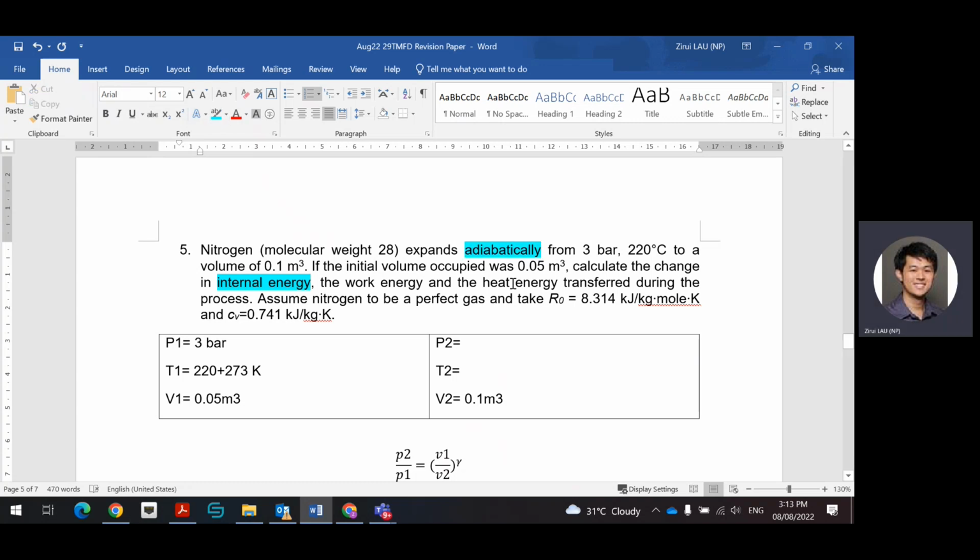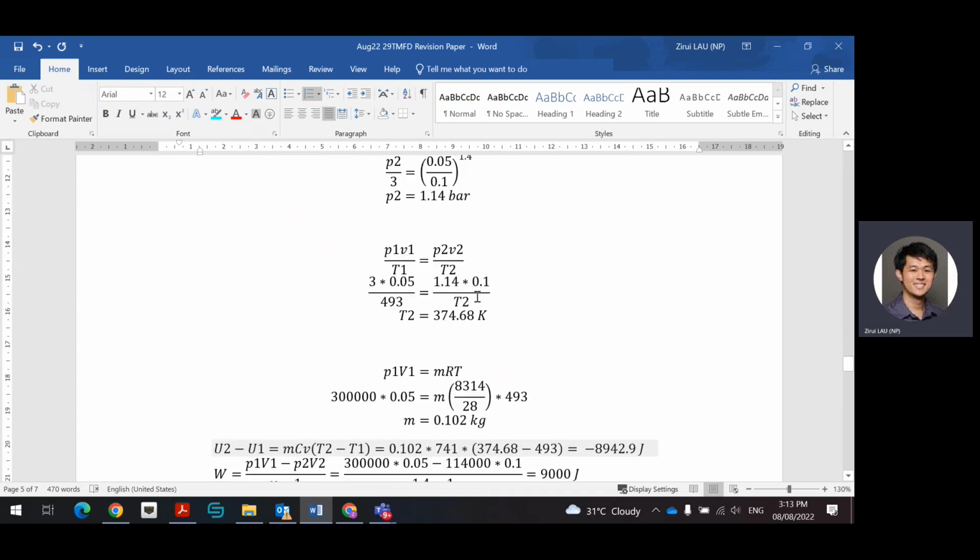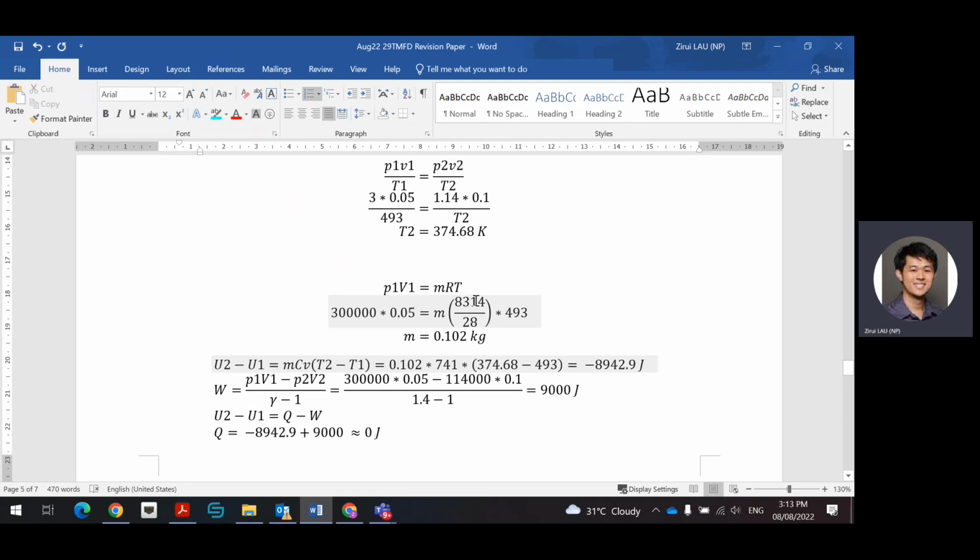But since I calculated already, I just round off to 0. Our rounding off is probably because of our decimals. Through all our calculation, there's some decimal all along the way. If I use the exact value, it should be 0. So this one, I'll just set it to 0.